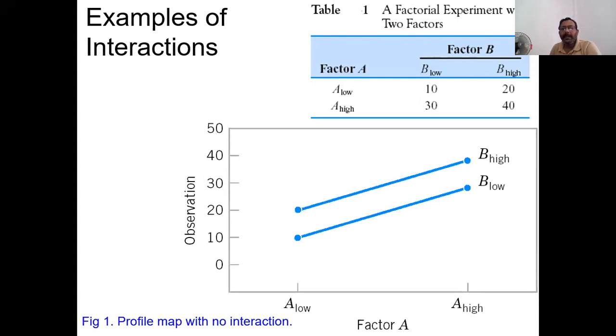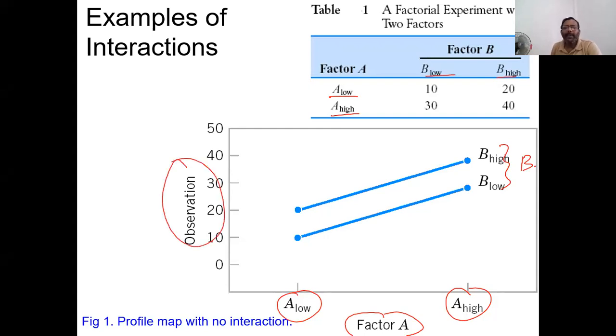If you plot these values, A low and A high is factor A, B low and B high is factor B. These are observations, some values, yield or whatever, the response basically.